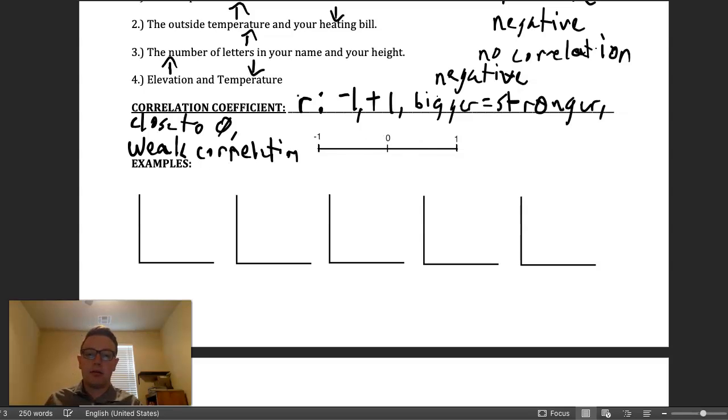And then also, we look at the sign. The sign of R tells us whether it's positive or negative.